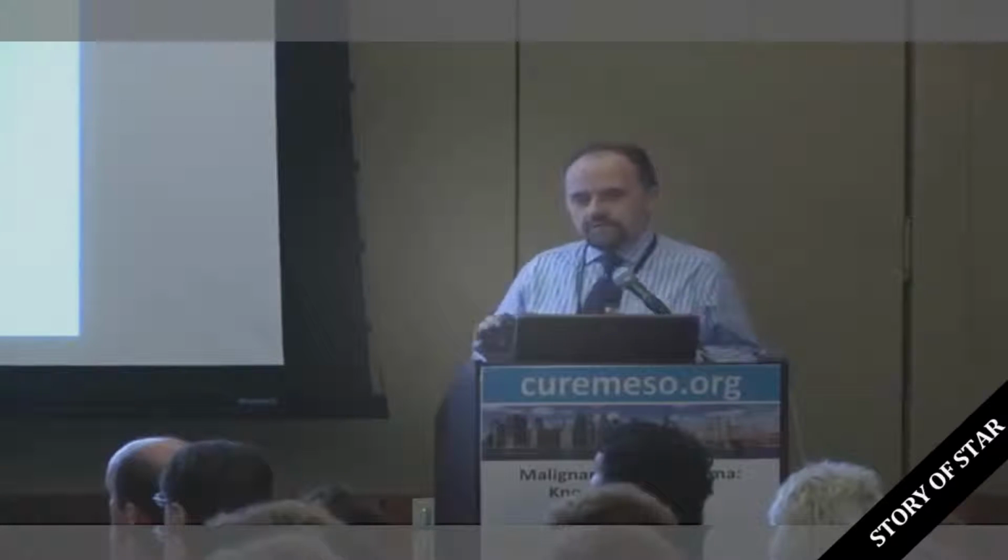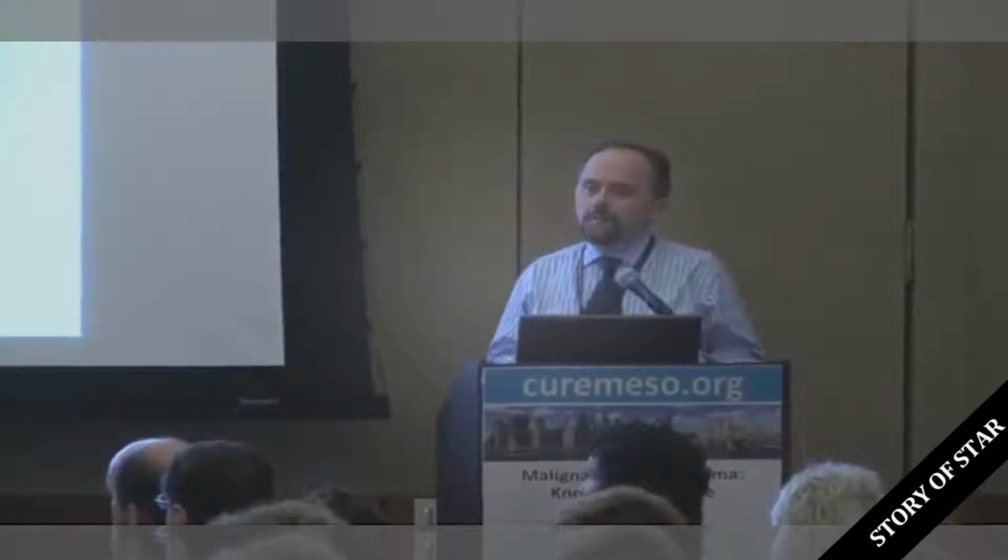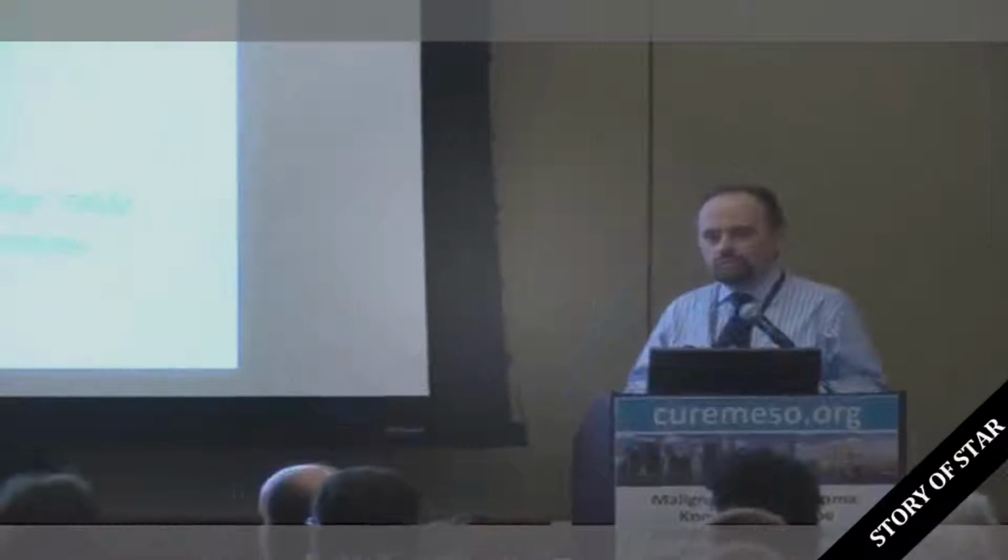So just to set the stage, I think it's good to make a very clear distinction between two types of cancer genes, and this gets confusing very often. So there are genes that are mutated only in the cancer cells, not in the normal cells of the patient. And those we typically call somatic mutations or acquired mutations.